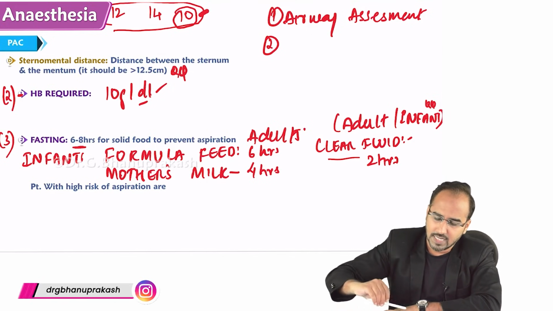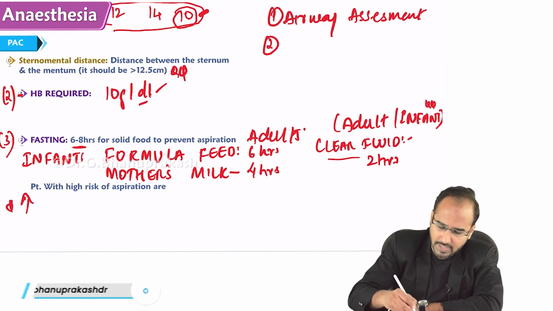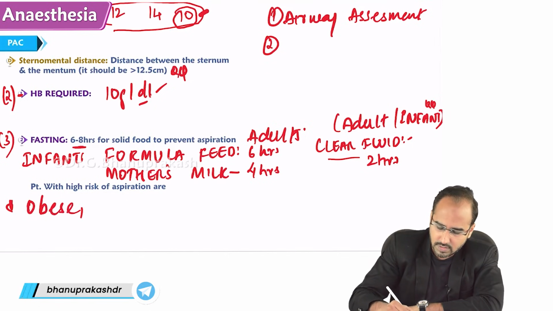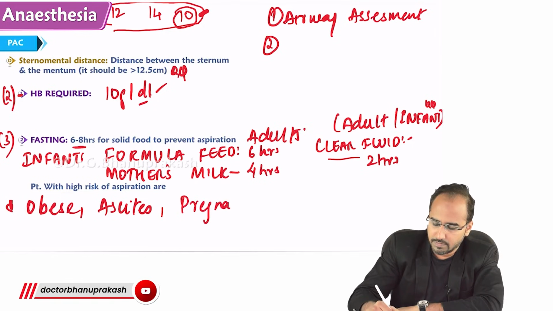So right there, guys, patients who are at risk of aspiration are: obese patient. Next, ascites. Next, pregnancy. Next, GERD.